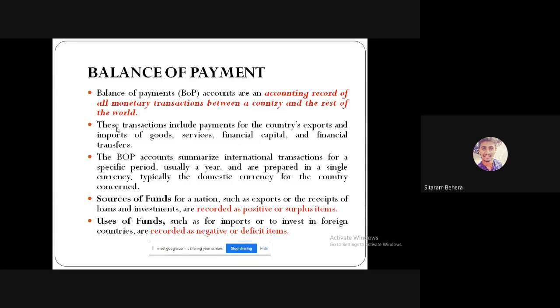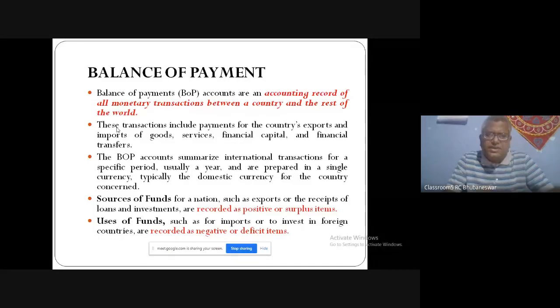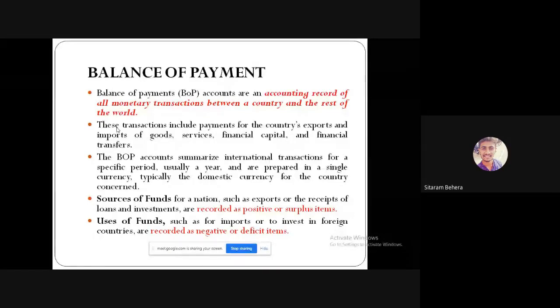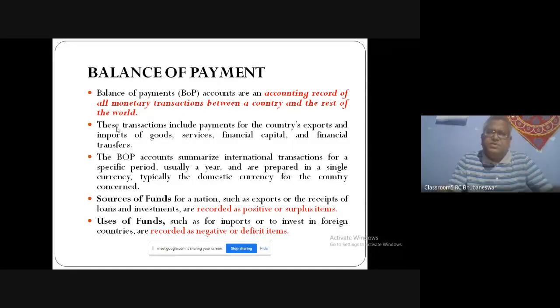It's just like an accounting record of monetary transactions between a country and the rest of the world. I have already stated this in previous slides. And there are different types of transaction payments also: imports of goods, services, financial capital, financial transfers.